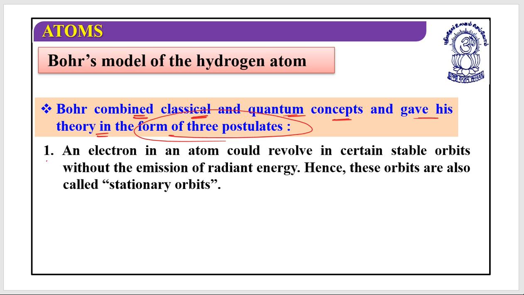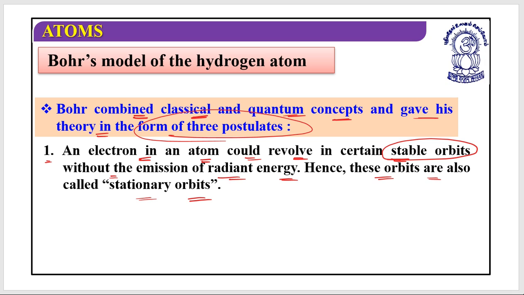So let's look at the first postulate. He says that an electron in an atom could revolve in certain stable orbits without the emission of radiant energy, and these orbits are called stationary orbits.